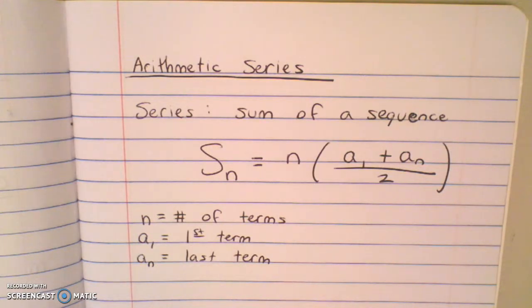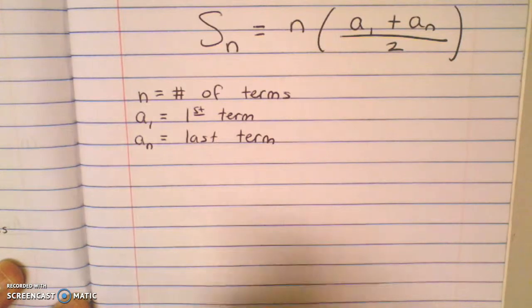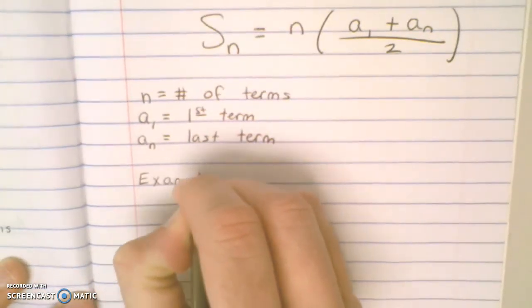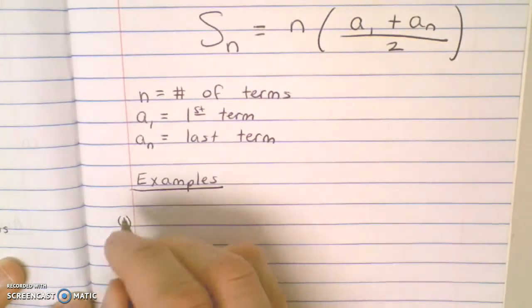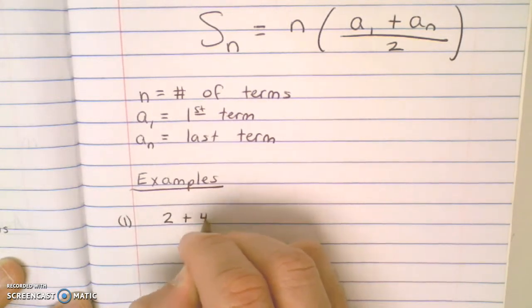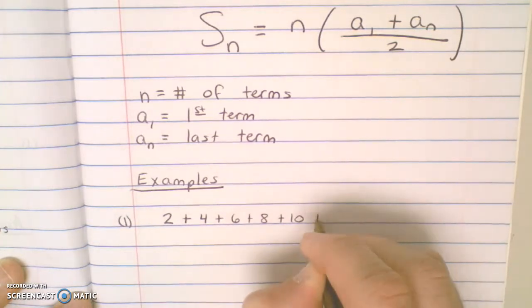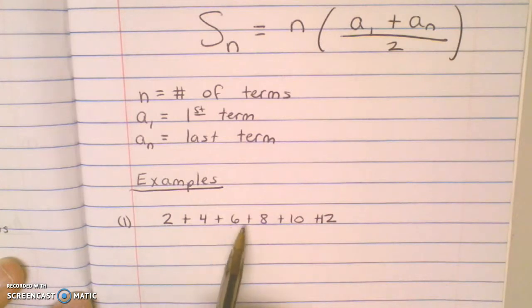So let's look at some quick examples. Let's say I gave you the series of the first set of even numbers. So 2 plus 4 plus 6 plus 8 plus 10 plus 12. So that's 1, 2, 3, 4, 5, 6.